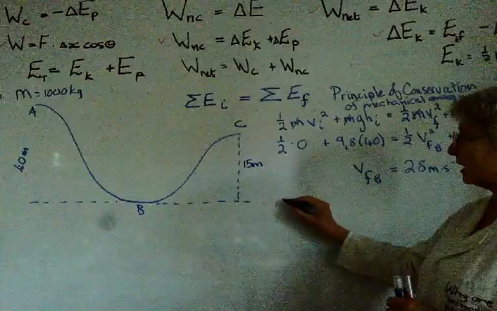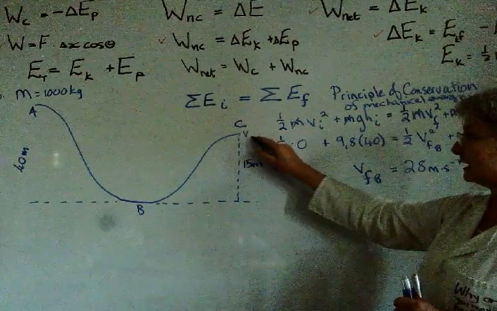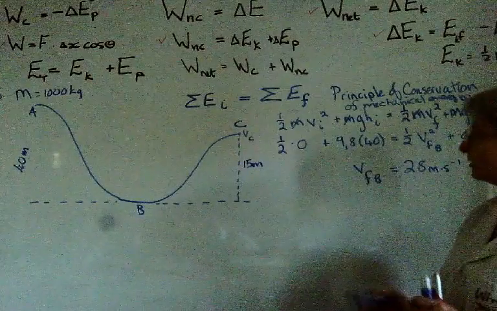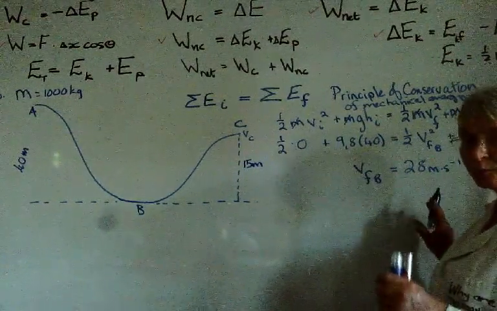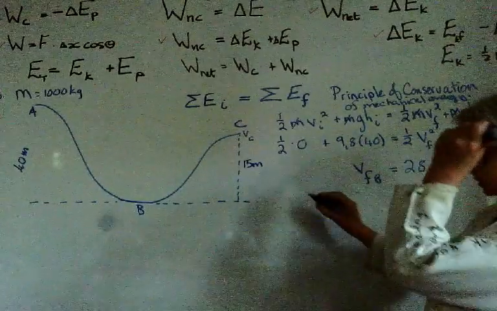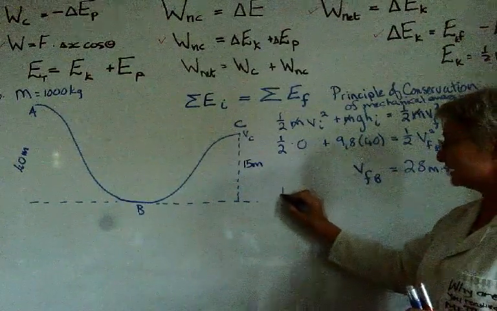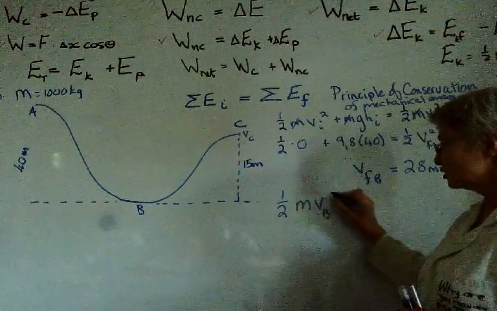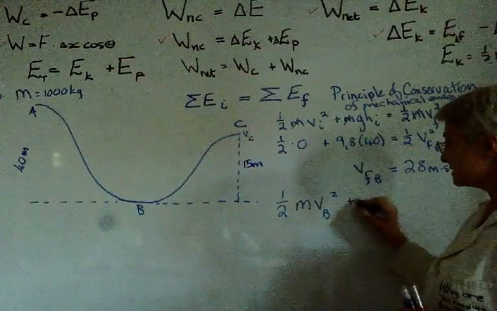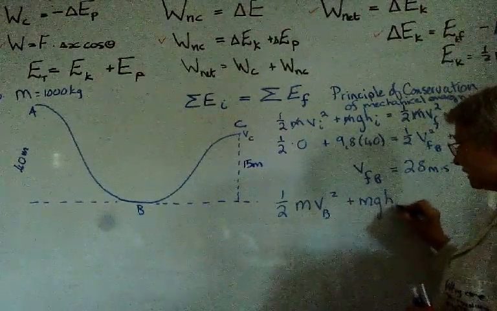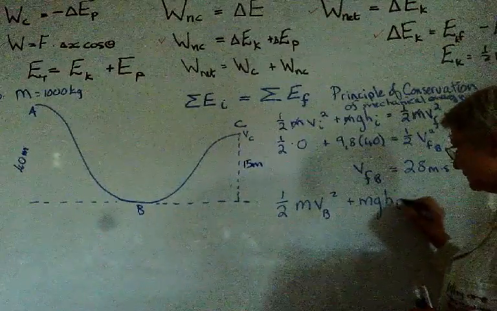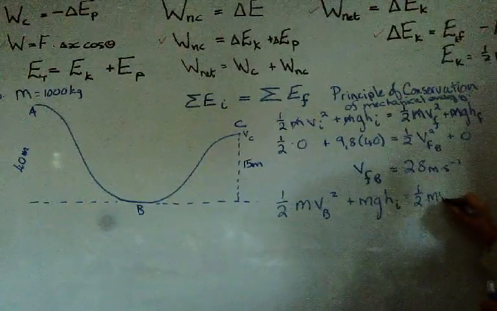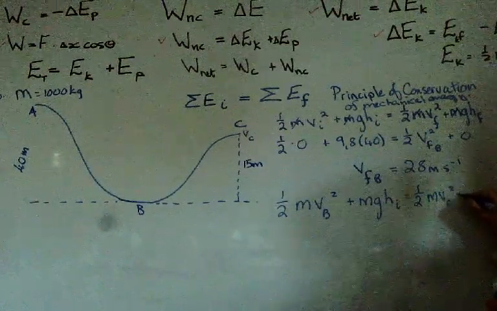So the initial kinetic energy at B is a half mvb squared plus mgh at B, which is 0, equals a half mvc squared plus mghc. Okay, am I still on? Now, you want me to do it without cancelling the mass?